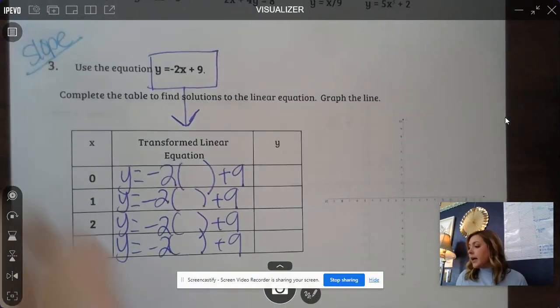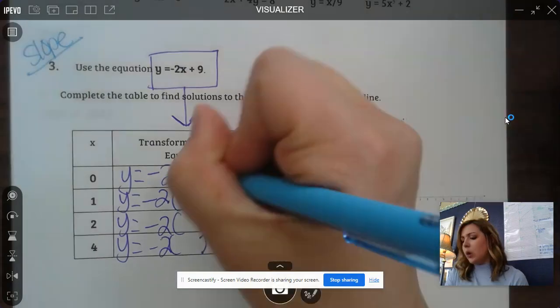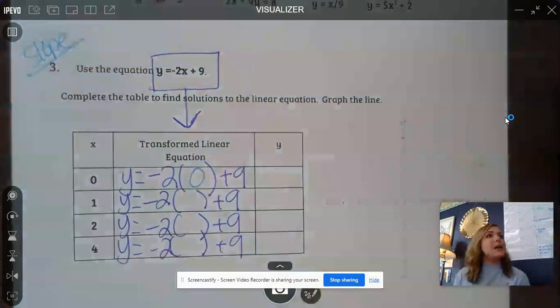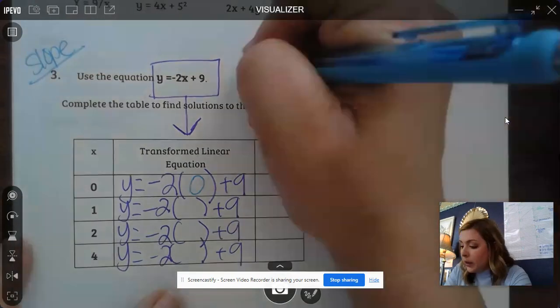As I go to start plugging in, we're going to make a little side note here that is something great to study for benchmark. What's the first value that you plug in for X? 0. What important note did we take about where X is 0? It's always your Y intercept. So that is something that I would want to make a note of.